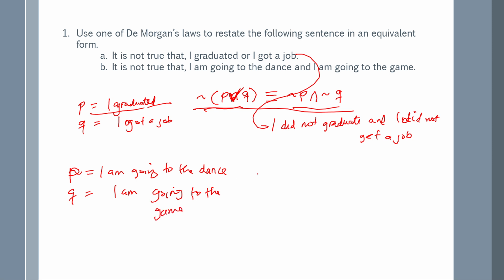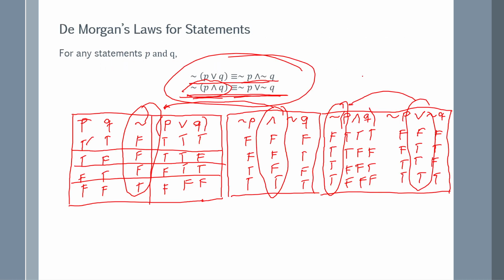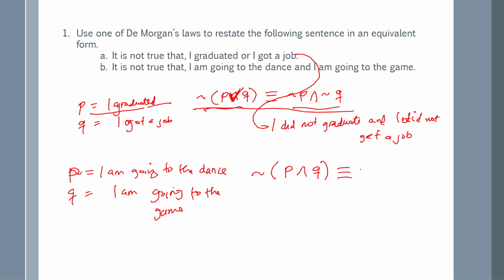The statement is: it is not true that P and Q. What is the equivalent to this one? Remember, the negation of P or the negation of Q.